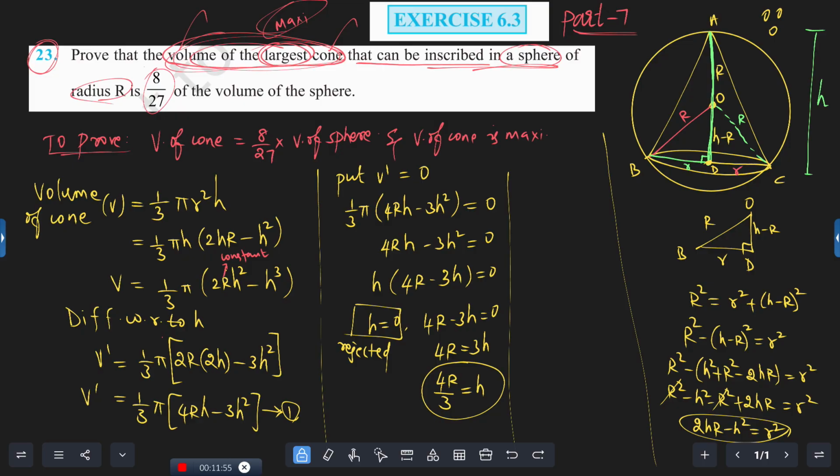H value we got. After getting the h value, what do we have to do? We have to show that the cone volume is maximum. For this, what do you need, children? Double derivative you need.